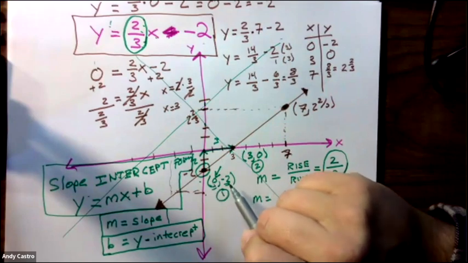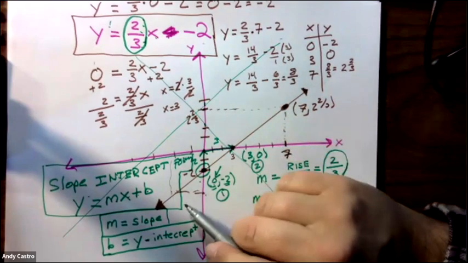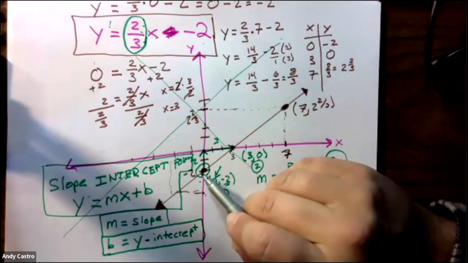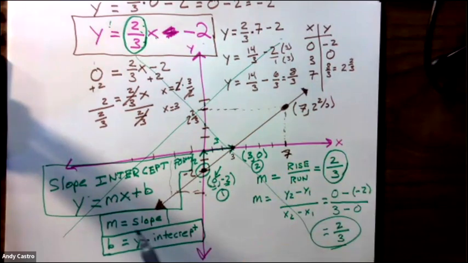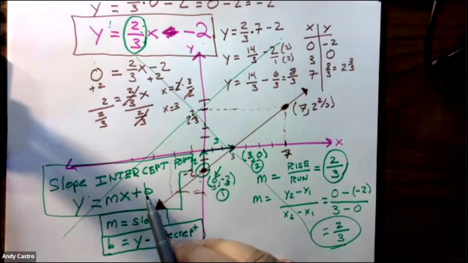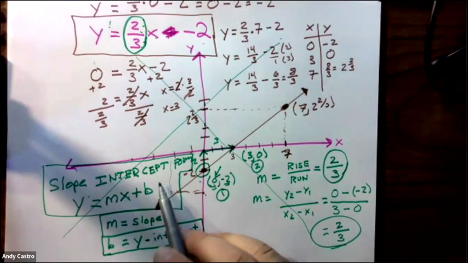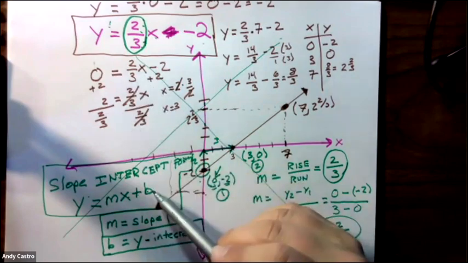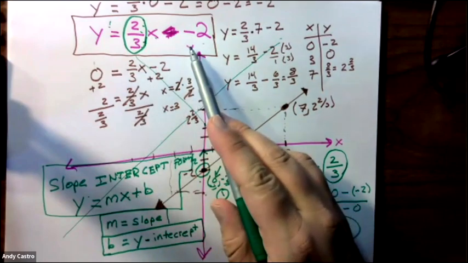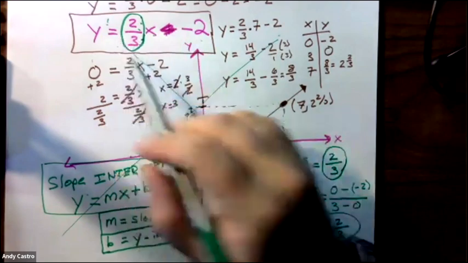The y component will be the number that it crosses. So in our case, it crosses here at -2. So b would be -2. It's the y component of where it crosses the y-axis. So here, our b for this line would be -2.